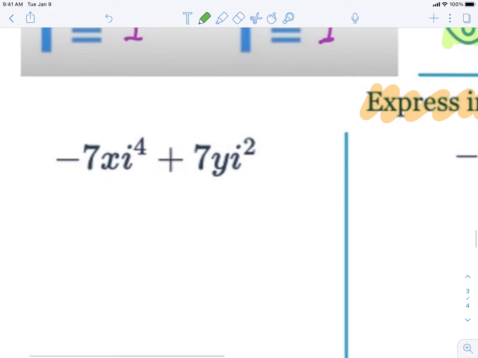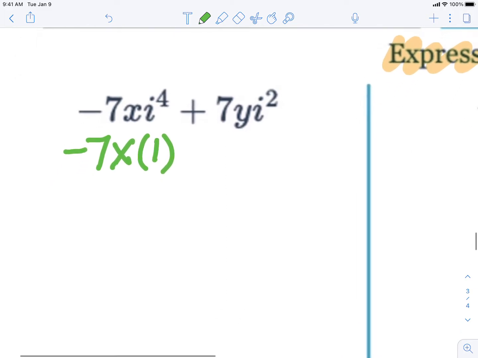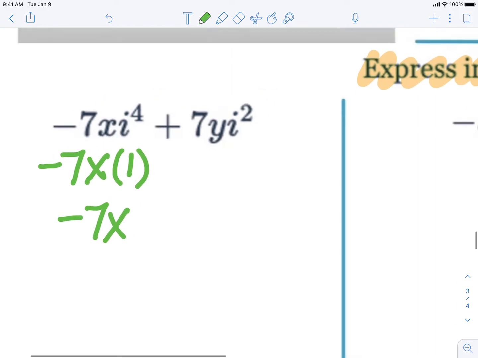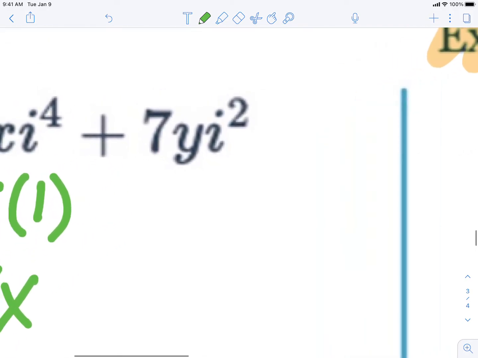So I'm going to substitute here my i to the fourth, and I'm going to say 1. I'm going to bring down everything else, negative 7x. Negative 7 times 1 is just negative 7. So I get negative 7, and then I just bring down my x.